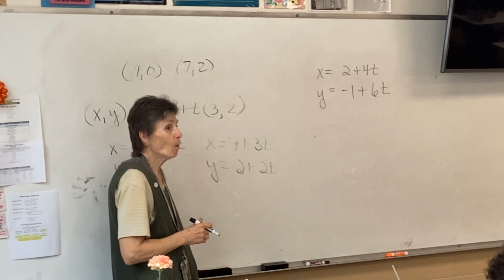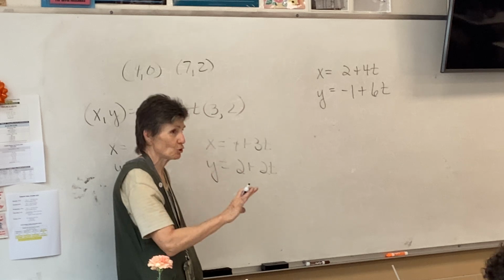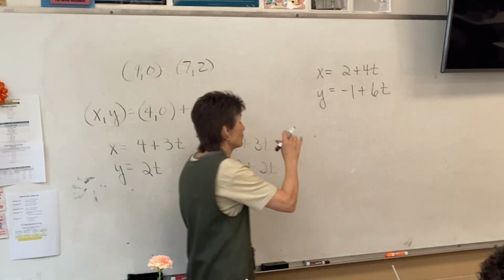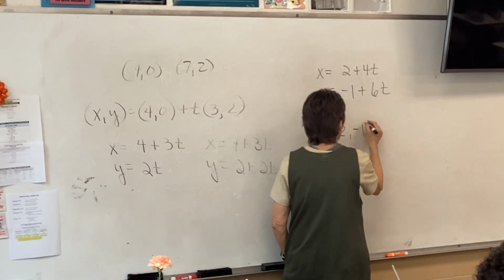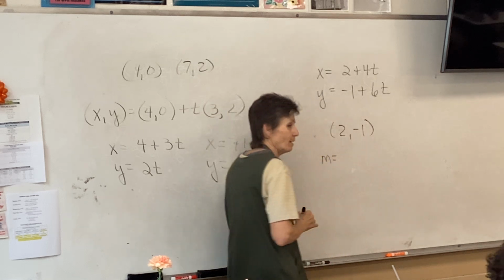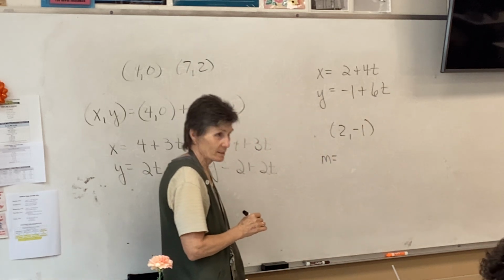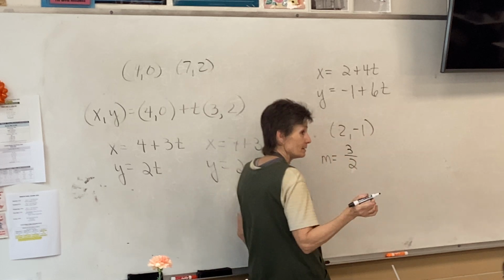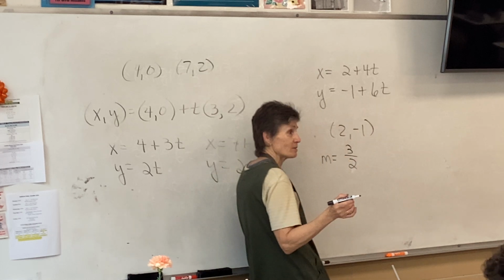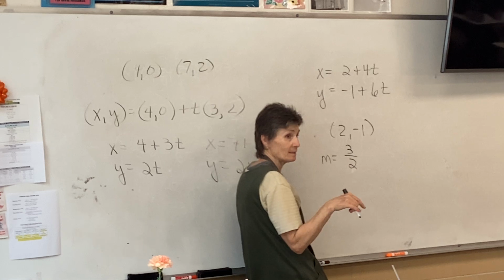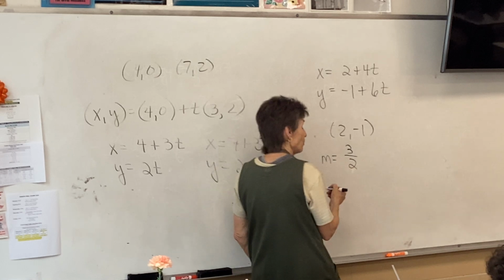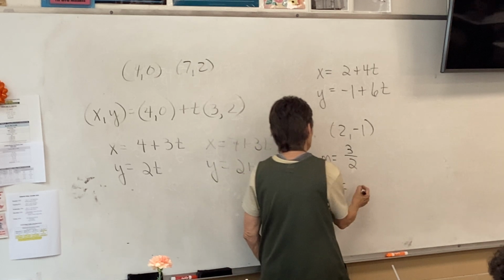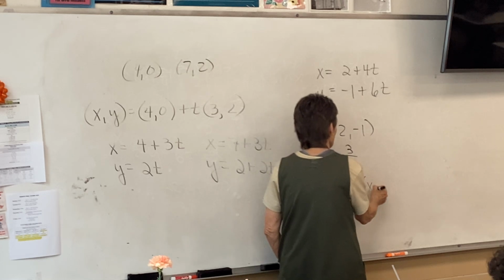What is a point on this line for sure? You know 2, -1 is on the line. What is the slope of this line? 3 halves. So you can either put it in slope-intercept form and find your b, or you can just do point slope and say y plus 1 equals 3 halves times x minus 2.